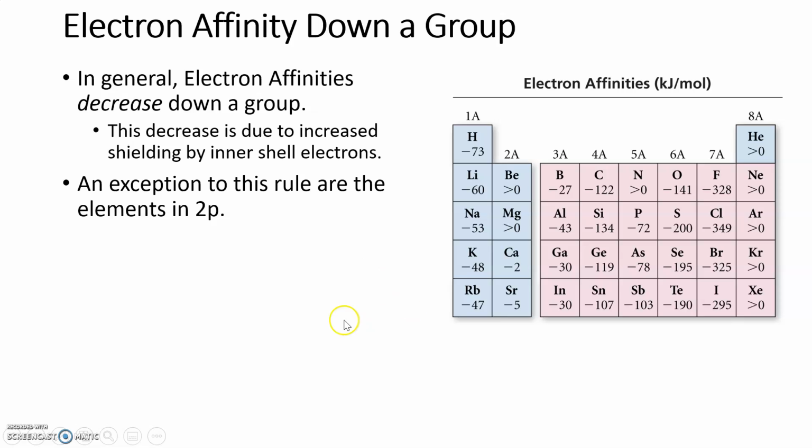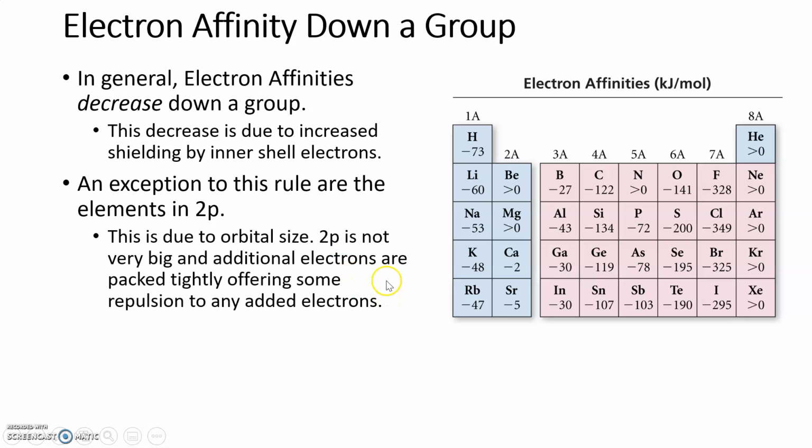An exception you'll see are the 2p. Here's the 2p, boron, carbon, nitrogen, oxygen, and fluorine. Notice they actually go up a little bit. And the reason for this is that the 2p is a pretty small orbital. If you add electrons to any one in the 2p, any of these atoms here, you're kind of running out of room.